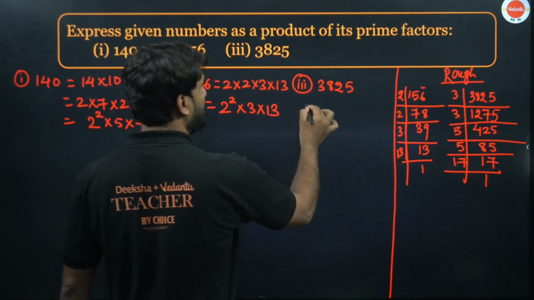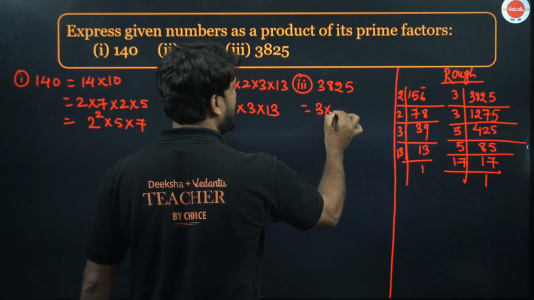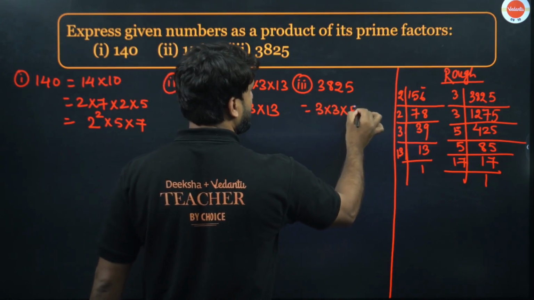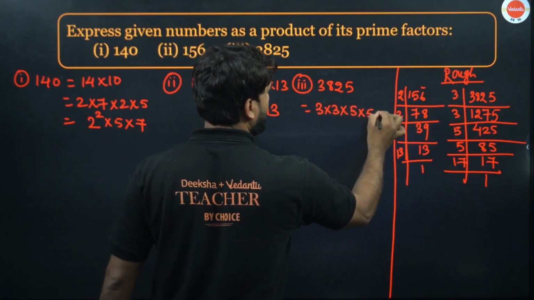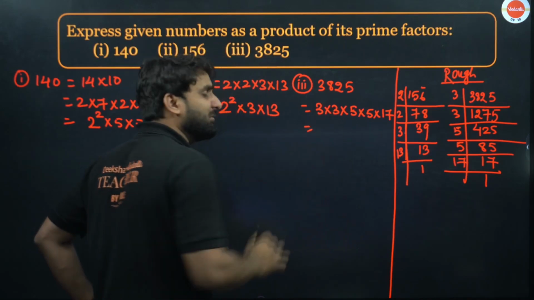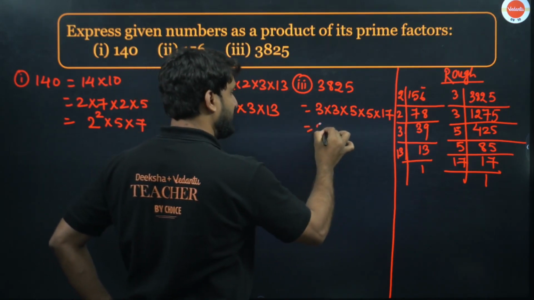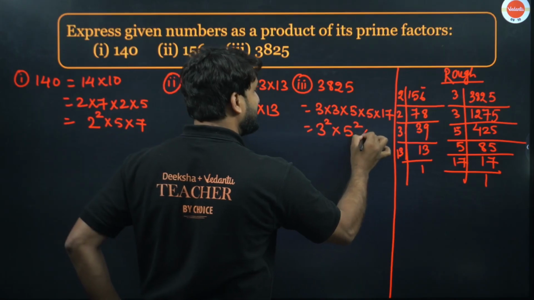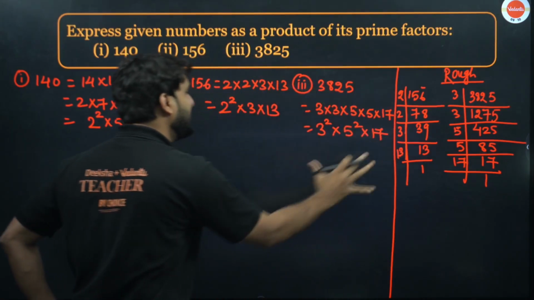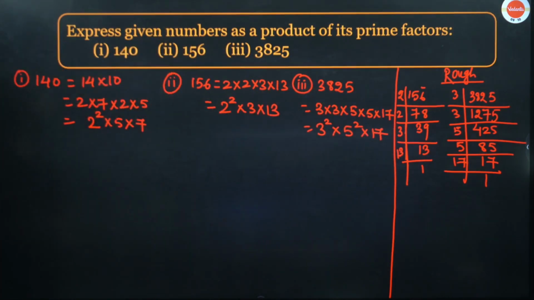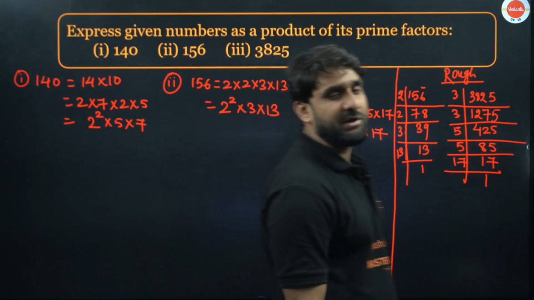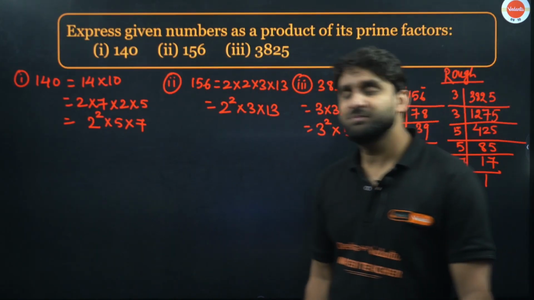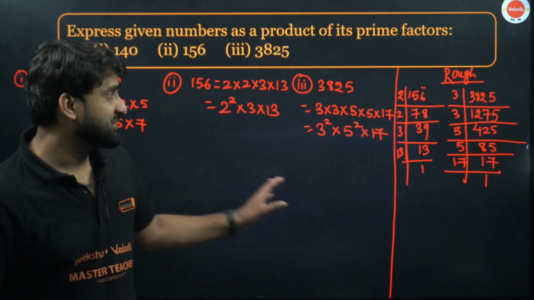So 3825 can be written as 3 into 3 into 5 into 5 into 17. 3 is multiplied 2 times, so we write 3 square. 5 is multiplied 2 times, so 5 square, and this is 17. This is called prime factorization. I hope these questions are clear to you all.